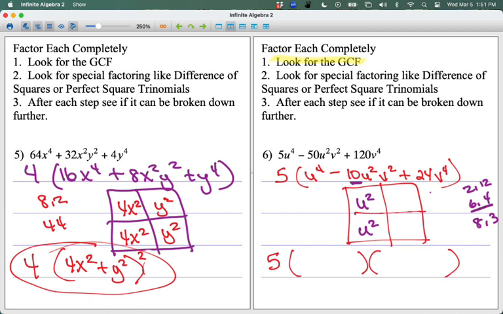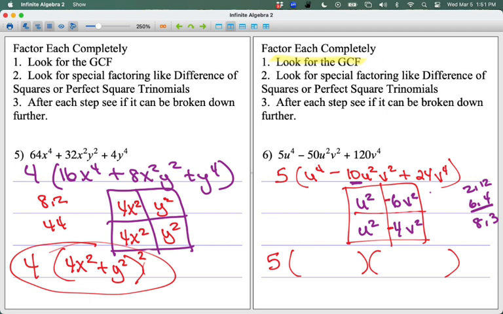And this 6 and 4 make a 10 because these don't have any coefficients. So we're going to go 6 and 4, but don't forget we have to split the v up also. But when I diagonal that, that's going to be a positive 10. I need them both to be negative.